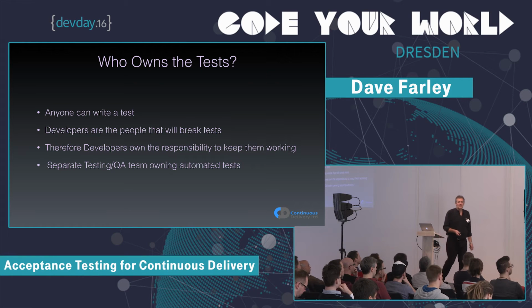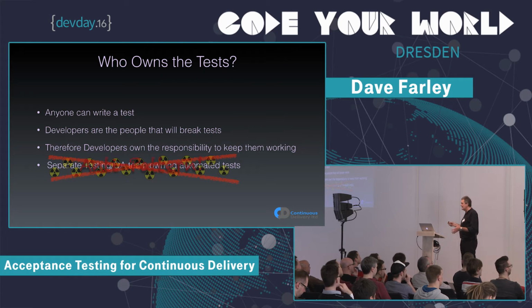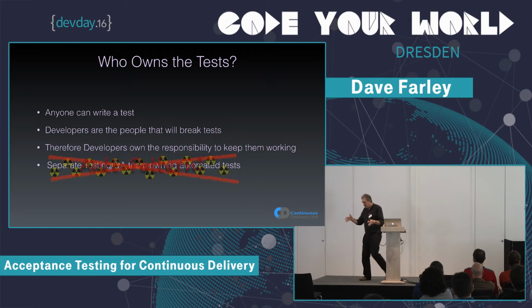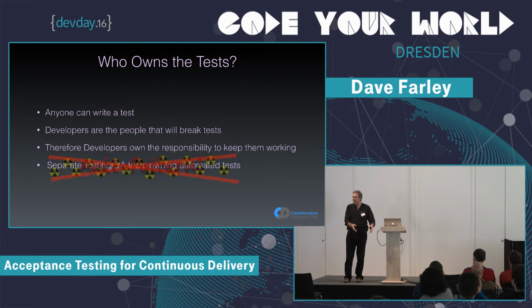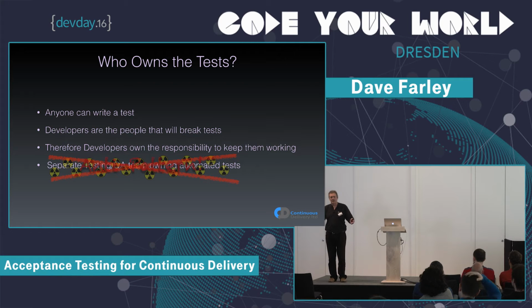I've been working in software development for more than 35 years, and I have not once seen that work. What tends to happen is that you have a group of QA people that are responsible for the automated testing, and you're starting off early, and they'll write some tests while the developers are writing some requirements, and you'll get something up and running, and that'll work.